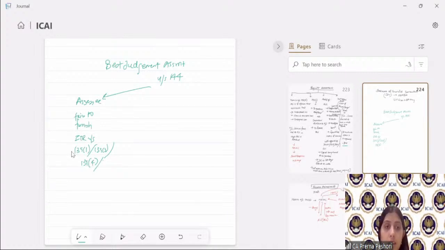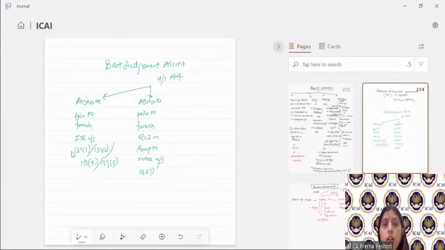Or 139.5, or the assessee fails to furnish ROI in response to notice under section 142.1, right?